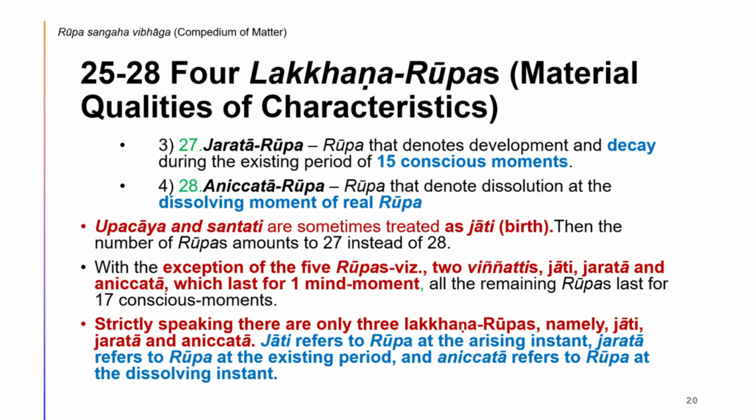Jarata rupa, rupa that denotes the development and decay during the existing period of 15 conscious moments. This is the time when the body starts to stop growing, coming towards the end of life.